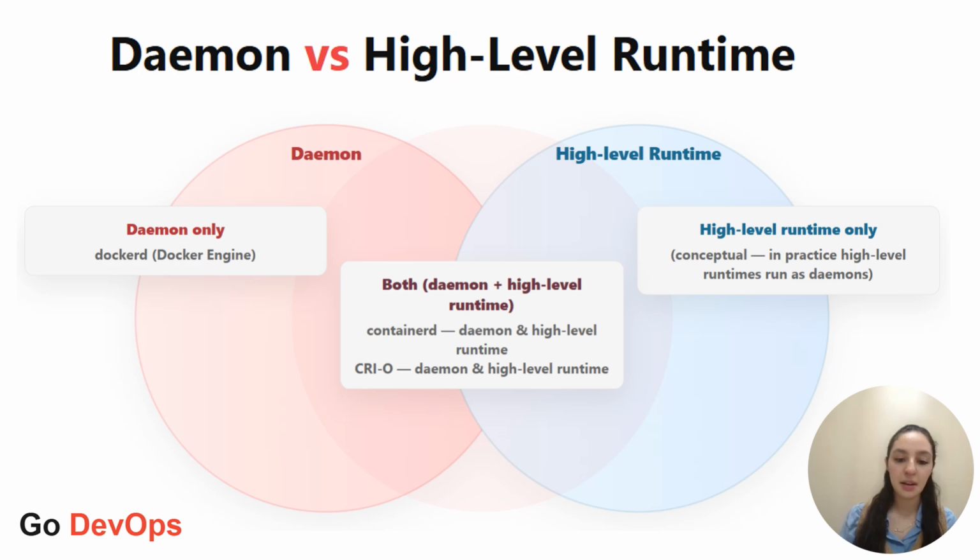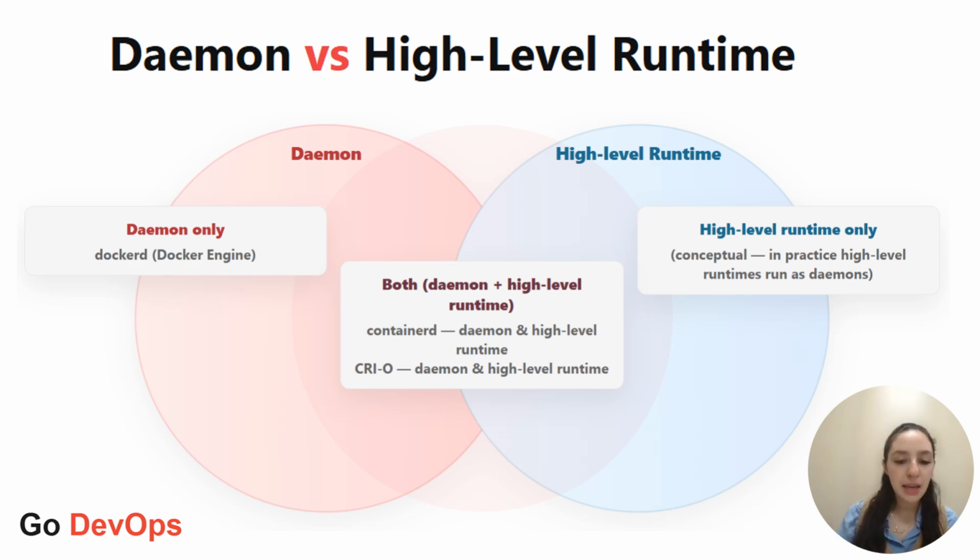So here in this diagram, in the middle we have tools like containerd and CRI-O that are both daemons because they run as a background service, but also they are high-level runtimes, so they manage images, snapshots, and container lifecycle, while passing the actual work to the low-level runtime.